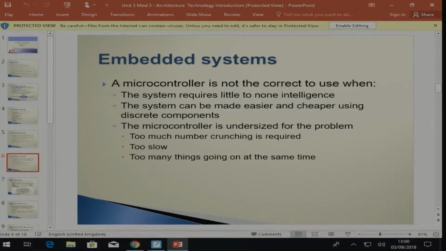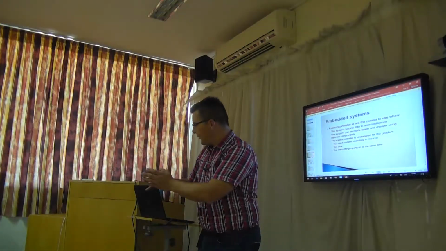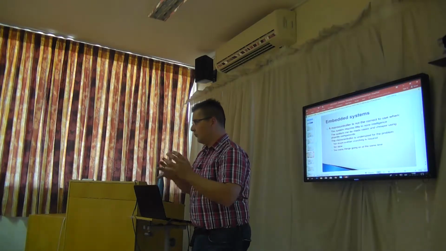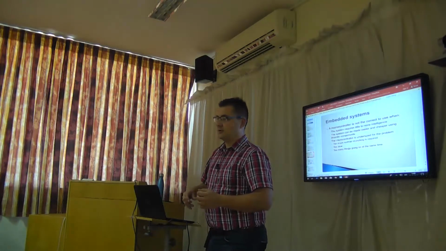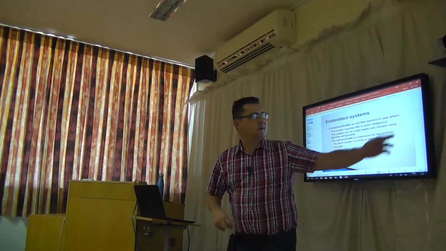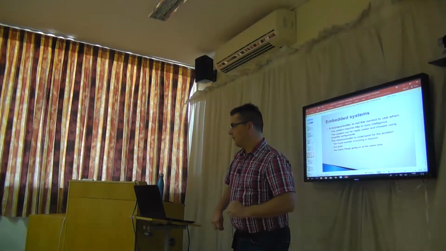If the microcontroller is undersized to the problem, okay, so if you might require something bigger than a microcontroller, okay? Meaning that you might need a bigger microcontroller, for example, a DSP, that can actually work faster to do certain tasks for us. If there's too much number crunching which is required, what does that mean?